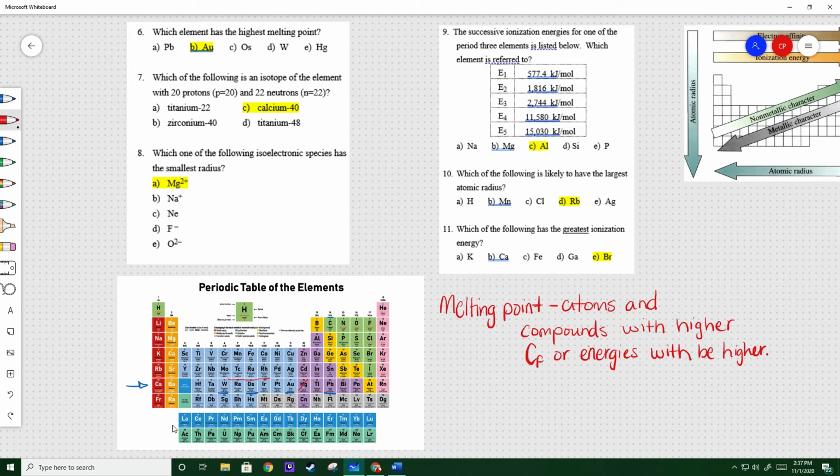Some of them don't really follow a pattern. It's more by the group itself, or the column.